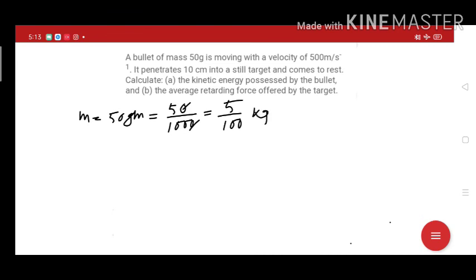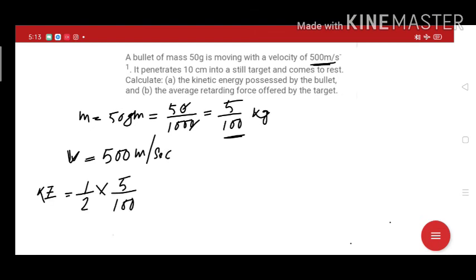I always prefer to keep the value in fractional form, and V is given here, that is 500 meter per second, and V square is 500 into 500, it is going to be cancelled by 5 and 250. 5 5s are 25, and 25 into 25, that is 625.